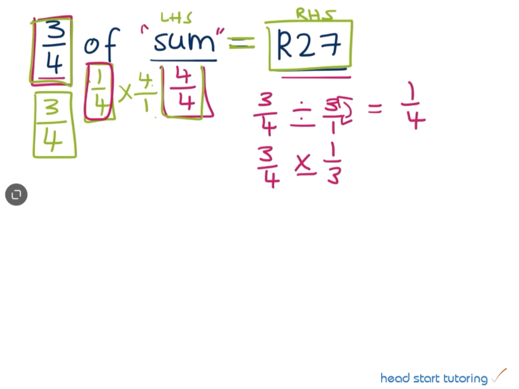The reason we were dividing it by 3 is because that is our numerator. So whatever your numerator is, you need to divide your fraction by just that numerator over 1, and that should give you an answer of 1 over your denominator.